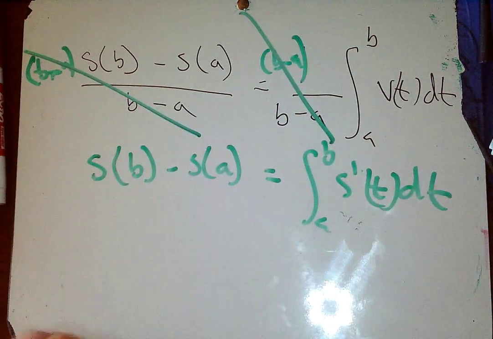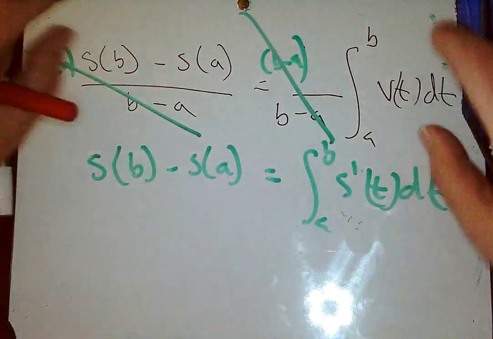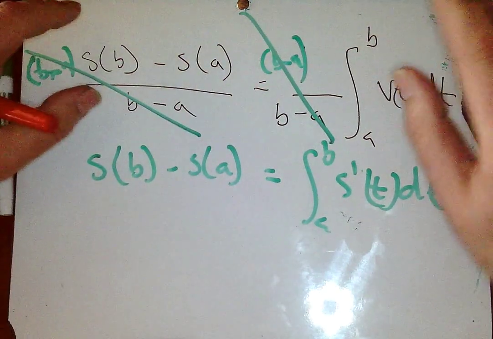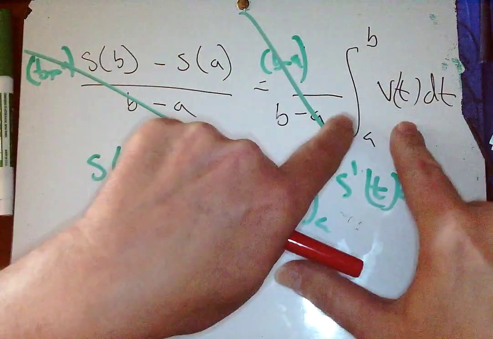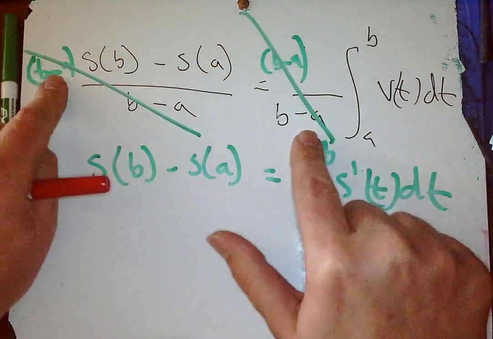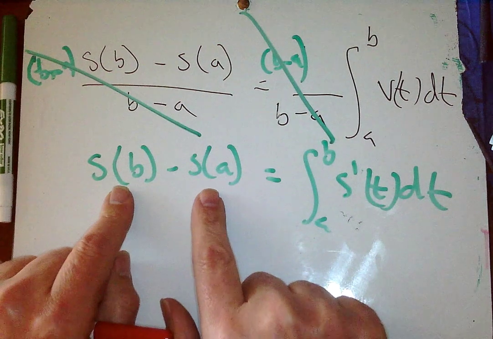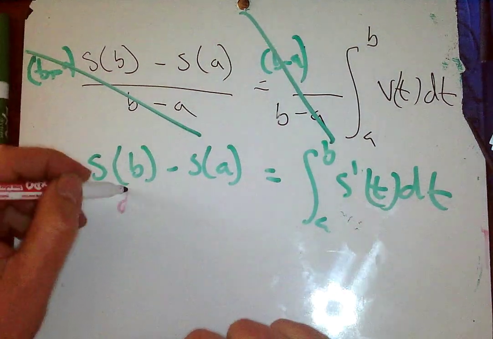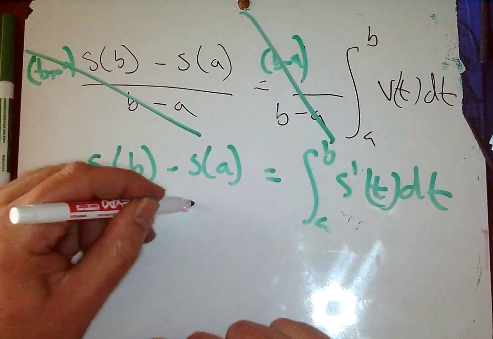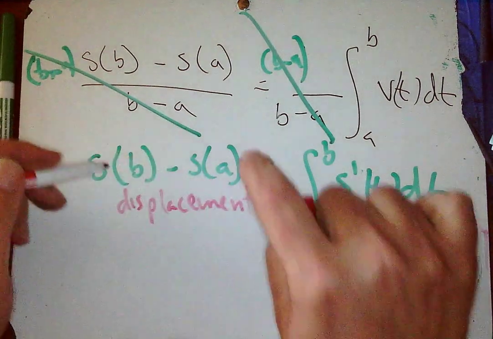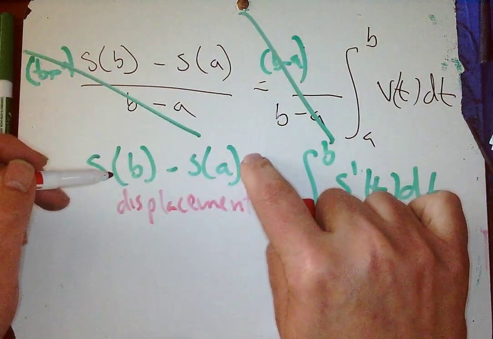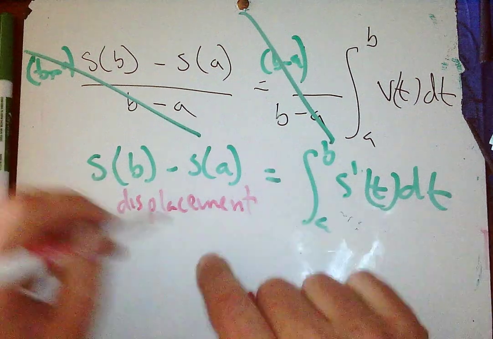Let's look at this again. I mean, we started with average value. We said the average velocity was equal to the average velocity. We multiplied both sides by B minus A, and we ended up with displacement. Remember, this is just a change of y values on the position function.